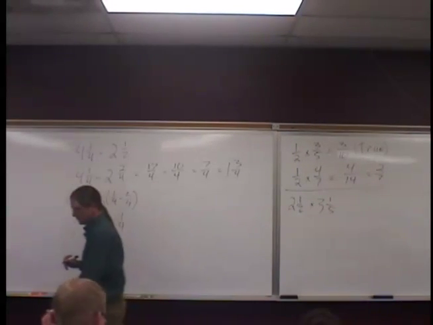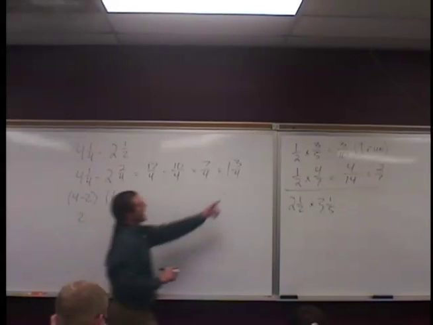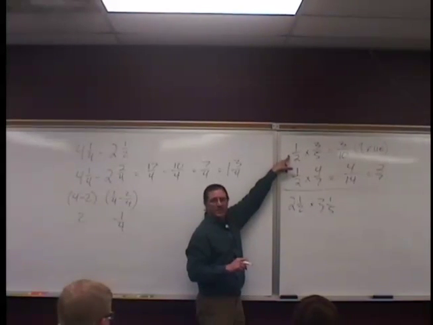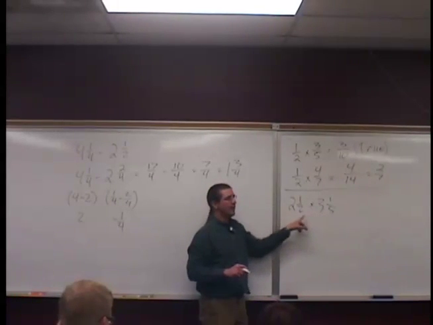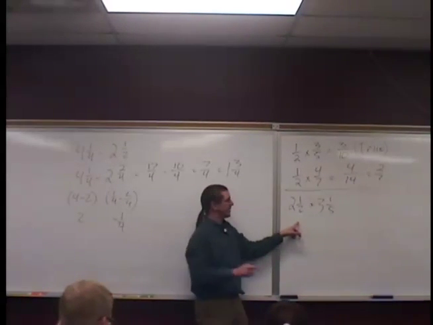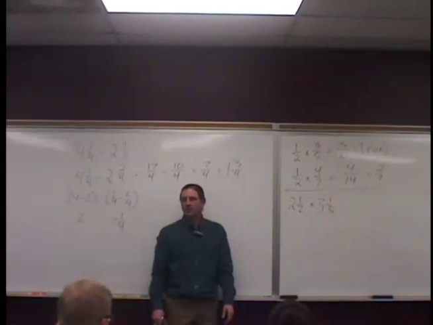When you multiply mixed fractions, the rule is that you do exactly the same thing. The problem is that in order to multiply the numbers, you have to convert these to improper fractions. Okay? There's no trick to saying multiply the whole numbers and multiply the fractions. That doesn't work. All right?